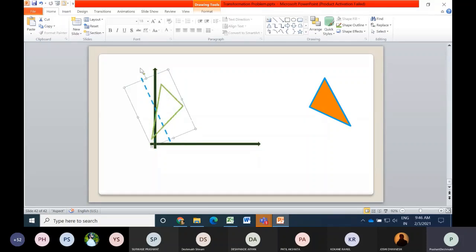Rotate by whatever the angle was there. Then bring this point to its original position. Okay, so these are the 5 different steps by which we can bring back or reflect things about any arbitrary line. Okay, so this is a 5-step process.